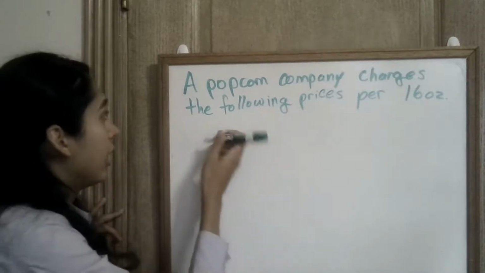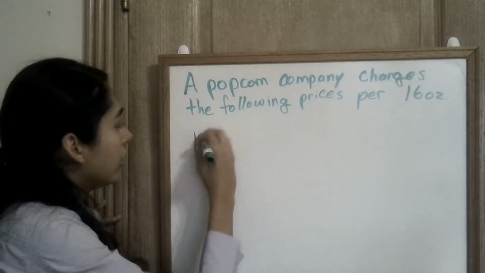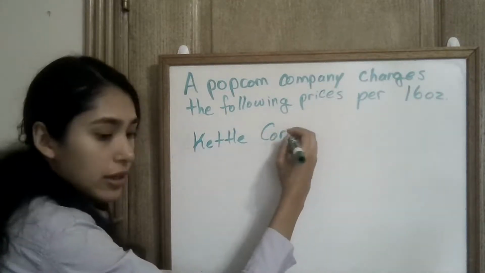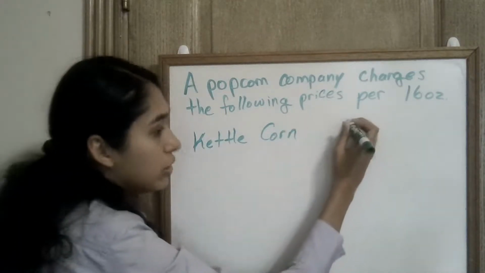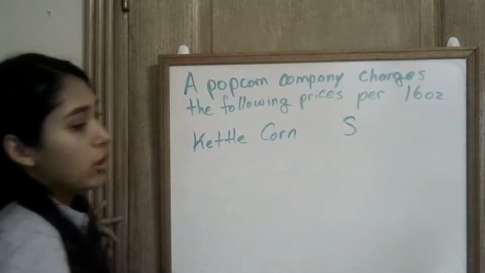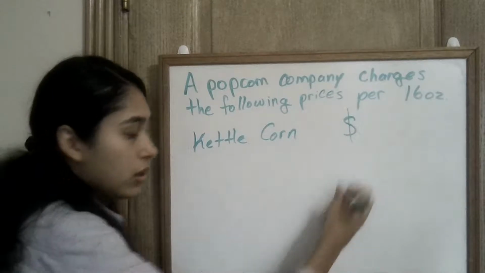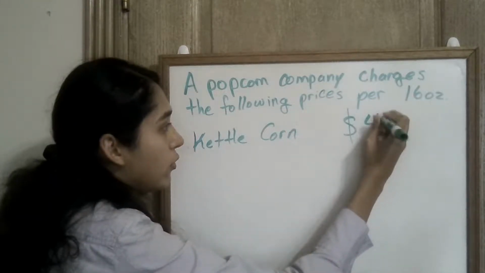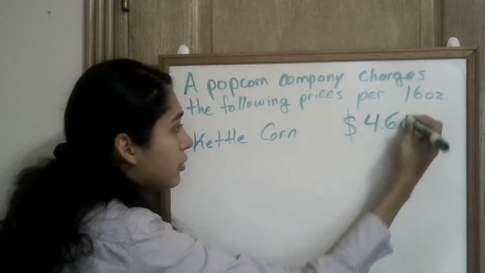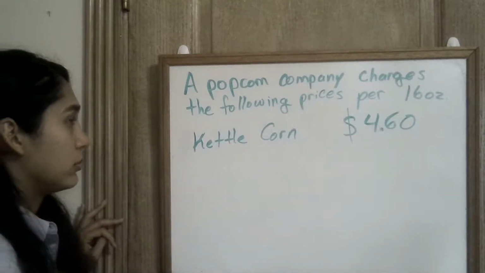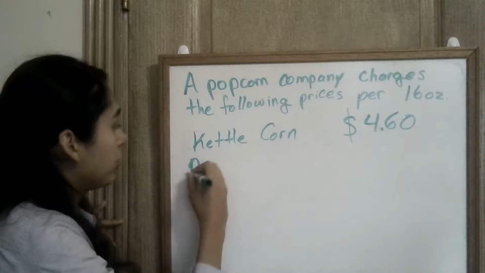So let's say that they have a kettle corn option, and they charge, now this is gourmet, so that's why the prices are going to be a little bit high, $4.60 per baggie. The next one is peanut brittle.